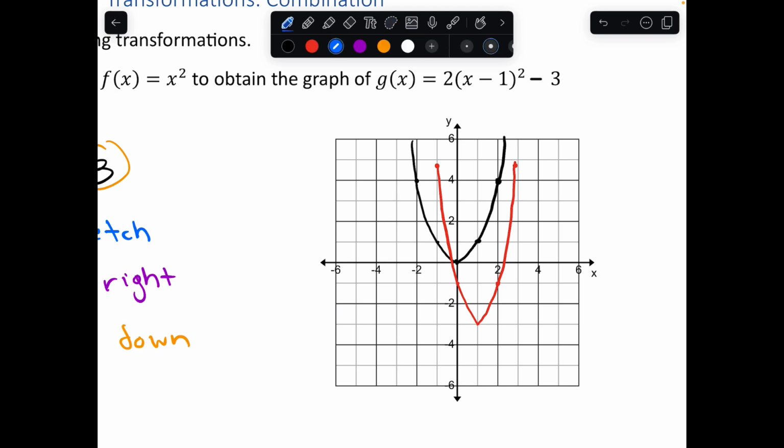Now another way to see this is that you can take each of these points, right, I'll draw them in blue this time. So after I stretched out my parabola, I could take each of these points and then apply the changes to each of those points. So if I follow these, I'll go 1 to the right and then 3 units down. I end up right there. I do 1 unit to the right, 3 units down. I'm going to get the same points here.